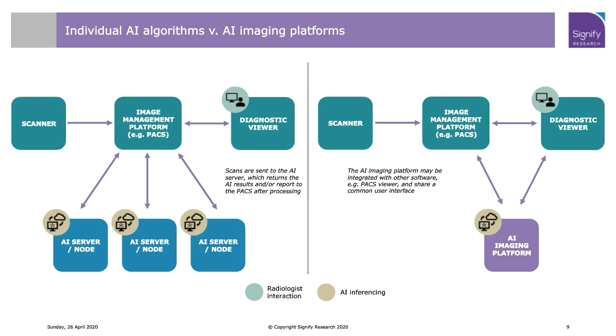However, on the right-hand side, using an AI imaging platform replaces the need for multiple AI servers or multiple AI nodes, and the results can be sent directly from the imaging platform to the diagnostic viewer for the radiologist to view and also interact with. And this gives the radiologist the ability to edit, accept, or reject the AI findings before they are committed to the PACS. This starts to highlight the value and the benefit of AI imaging platforms.